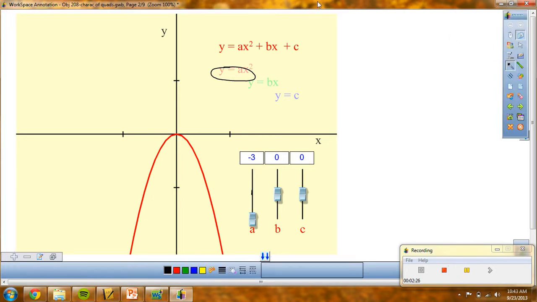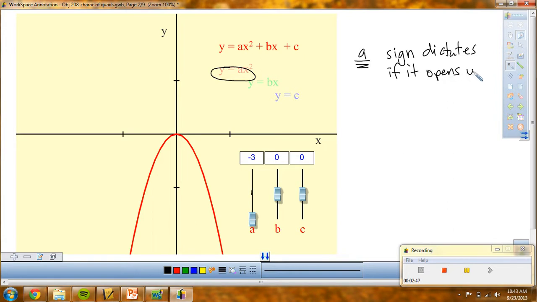So if we were going to talk about how our A impacts the characteristics of the graph, the sign dictates if it opens up or down.